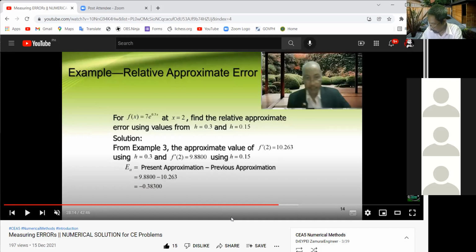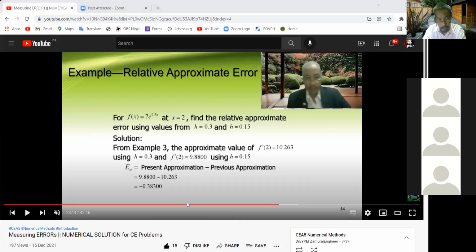So that would be negative 0.3833 over the present approximation. What is that? 9.8797. Okay, what is the relative approximate error? Use our calculator.